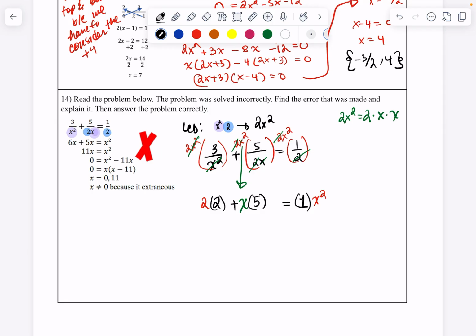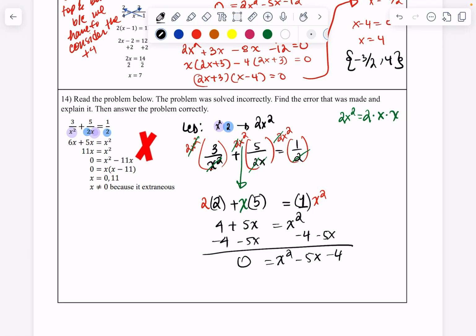We have 2 times 2 is 4 plus 5x is equal to x squared. Same thing, we're going to set it equal to 0, which leads to x squared minus 5x minus 4 is equal to 0.